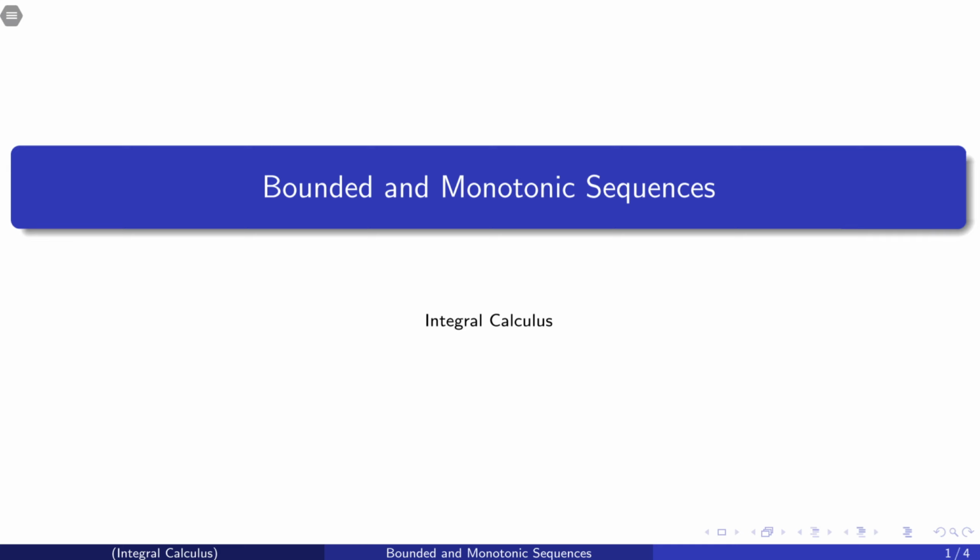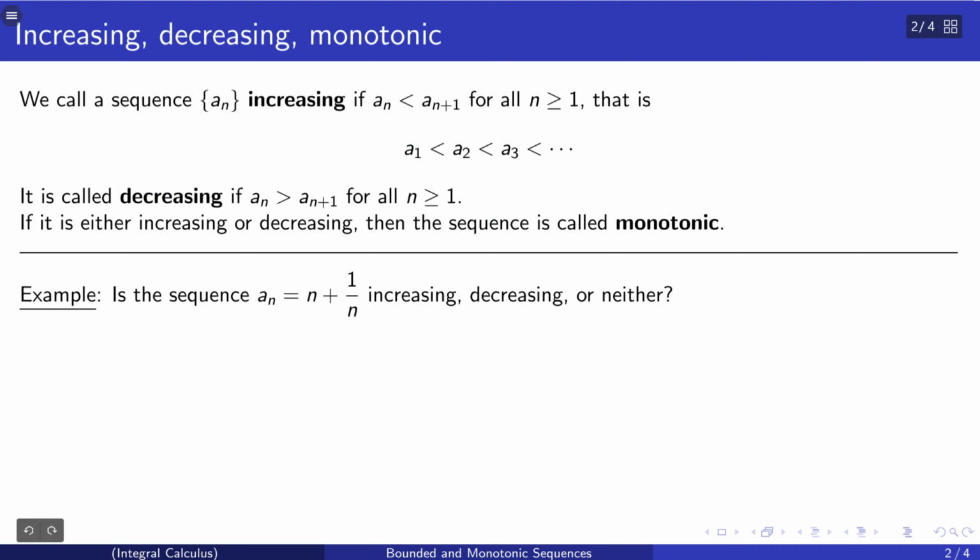And so, first thing I want to define is something you have seen before in relation to functions, and it's an increasing or a decreasing sequence. And so a sequence is said to be increasing if, well, as the name suggests, succeeding terms are larger than the previous terms.